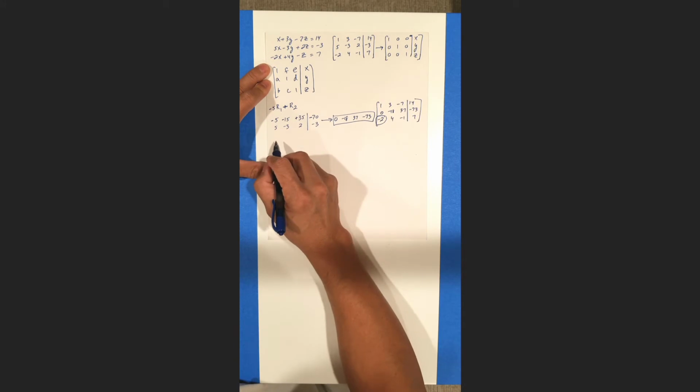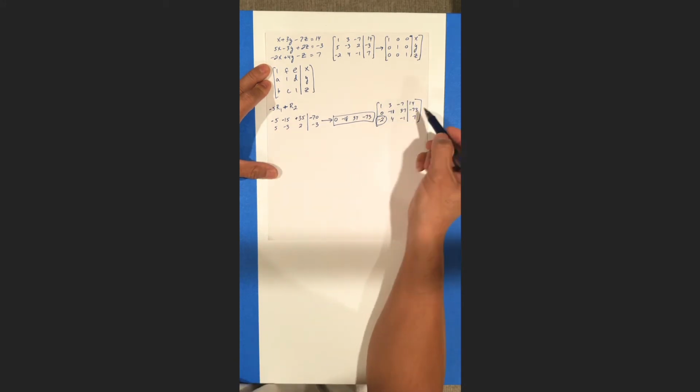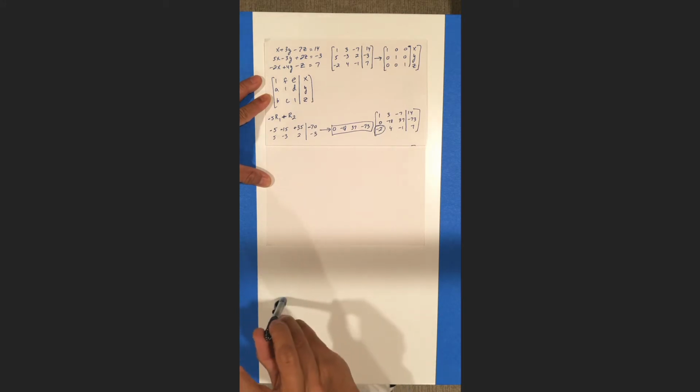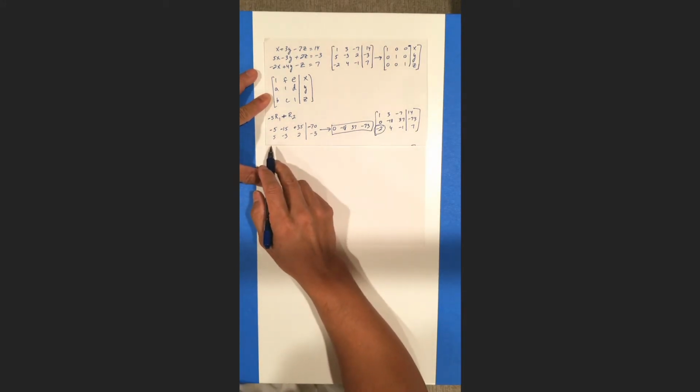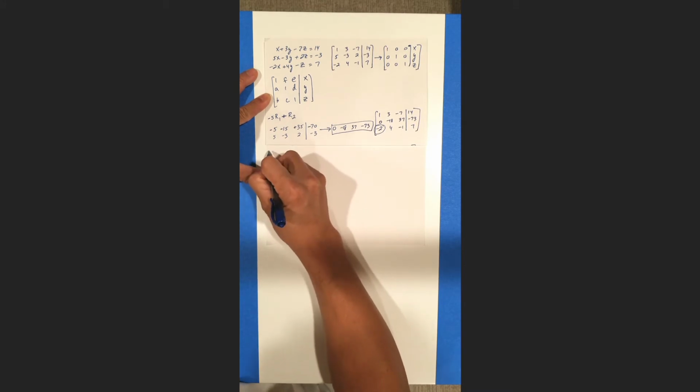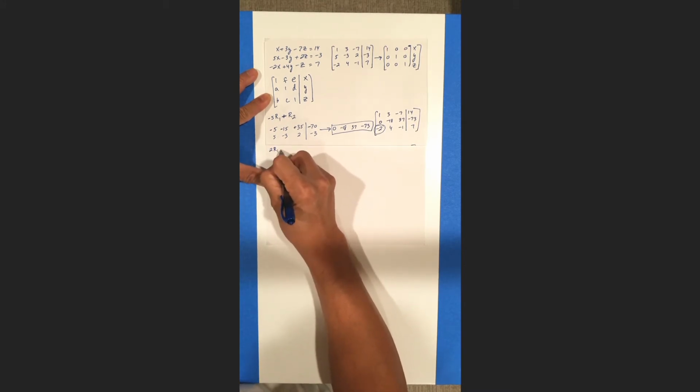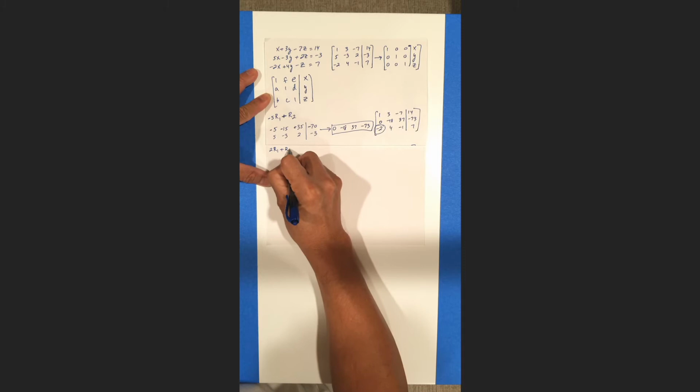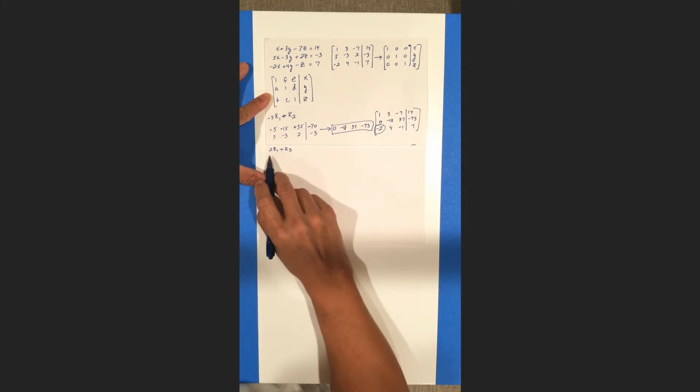So in this case, I can do anything I want by mixing and matching these 3 rows. I want to take 2 row 1, and add it to row 3. So I'm going to take row 1 multiplied by 2.